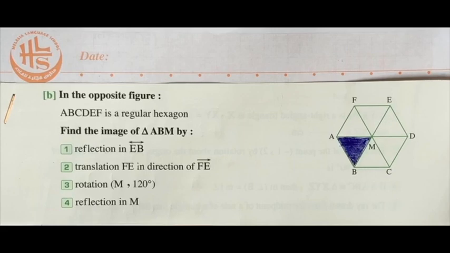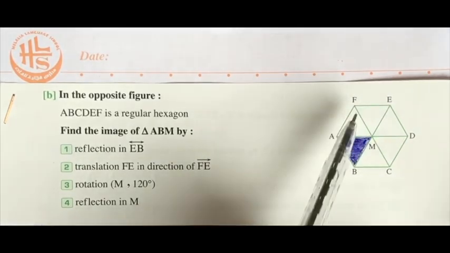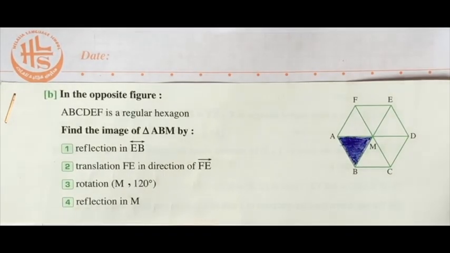The regular hexagon is a polygon with 6 sides equal in length and the measure of each angle of the polygon equals 120 degrees. The diagonals also bisect each other and are equal in length. So in this case we have 6 triangles equal in length and measure. So we have 6 equilateral triangles.